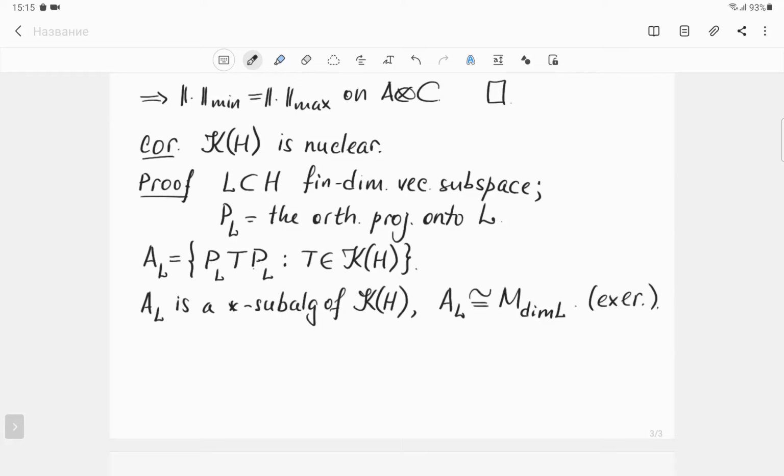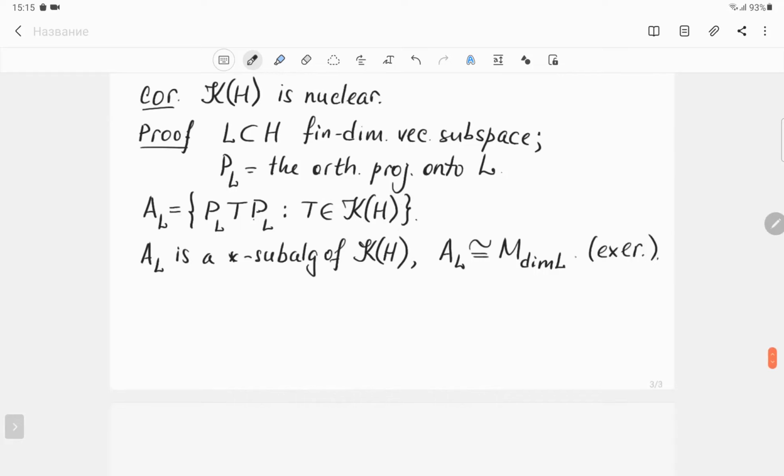Okay, and now let's consider all algebras of this form, and let's denote their family by B. So here L runs over the family of all finite dimensional subspaces of H. Again, it's a useful exercise for you to show that B satisfies the conditions of our previous theorem.